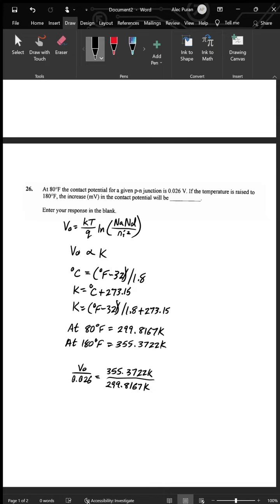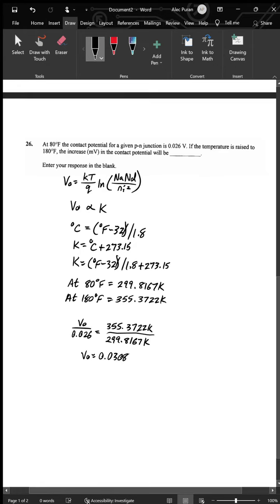Solving this, we get V naught equals 0.0308. Well, we're not done yet because this is the final value at 180 degrees Fahrenheit, and we're told to find the increase. So we have to take the difference of this final value minus our initial value. Our initial value at 80 degrees Fahrenheit was 0.026.